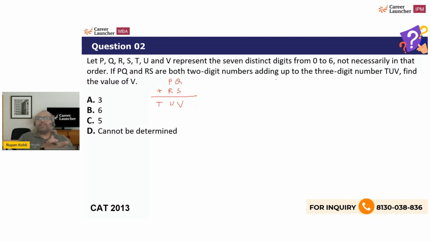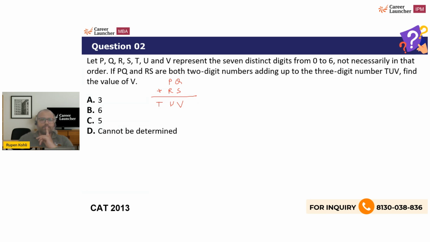You have to start thinking. For example, this three-digit number TUV, just think about this. Two-digit numbers, how will they add up to become a three-digit number? If you're going to get a three-digit number, which digit are you certain about? Which digit can you be sure about?